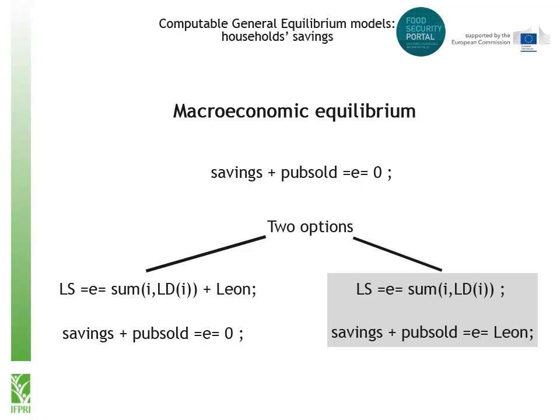And the reason why we can do that is that if we write LS is equal to the sum over i of labor demand in sector i, it means that from all other equations, we can derive the macroeconomic equilibrium. That is to say, if we have the labor market equilibrium this way, the macroeconomic equilibrium condition is not independent from others. And so with the addition of the Léon variable in this macroeconomic equilibrium condition, this condition becomes independent from other variables.